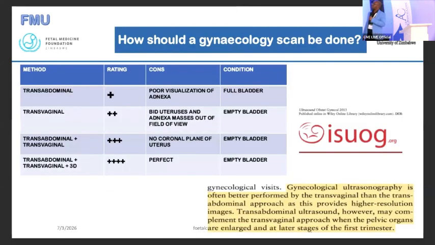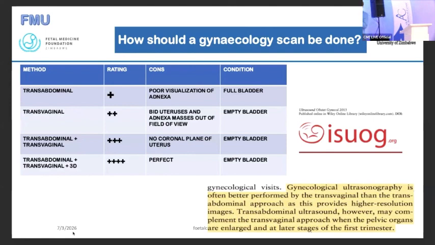How should a gynecological scan be done? There's an algorithm that you need to use. It addresses which mode of scan we should do: transabdominal, transvaginal, or a combination of the two.